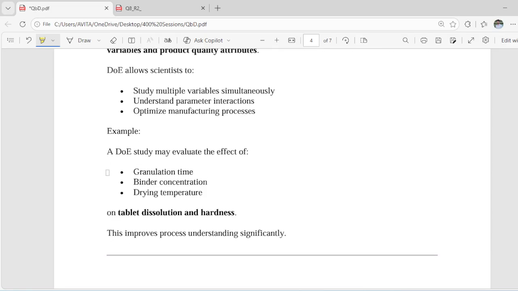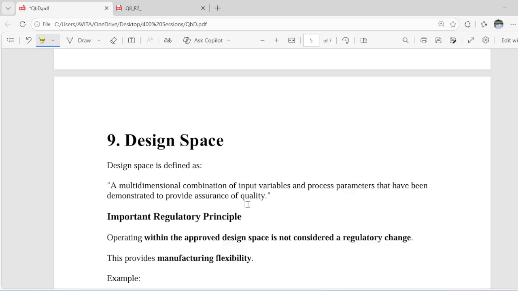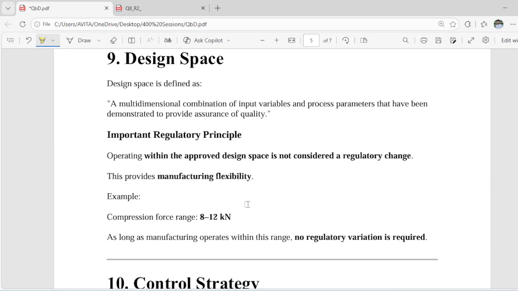The examples could include the granulation time, binder concentration, and drying temperature. These are all examples we are discussing for the oral solid dosage form, mostly the tablet and capsules, and this improves the process understanding significantly.